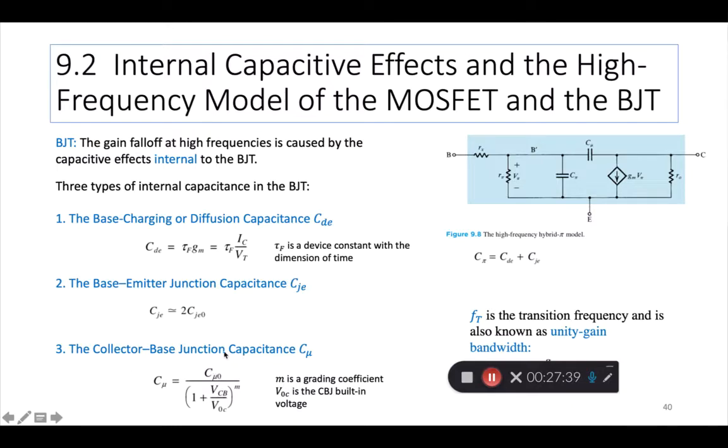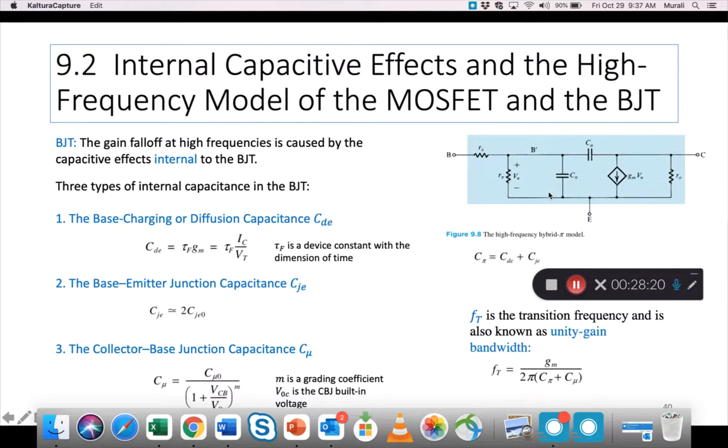Then for the collector base junction capacitance, now that depends on certain voltages, and that is what you see here. So the collector to base, we know, is a reverse bias, right, in any BJT. Then there is a constant on top. So the C mu has this formula which is related to the voltages applied. There's a new term called M, which is a grading coefficient. VOC is the CBG built-in voltage.